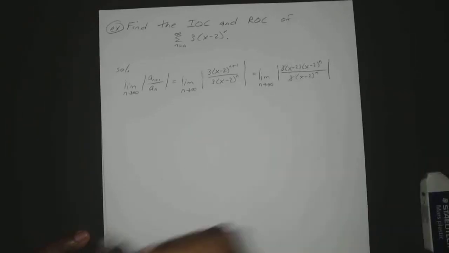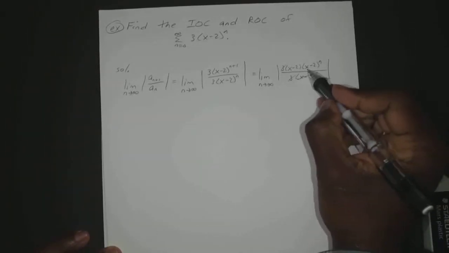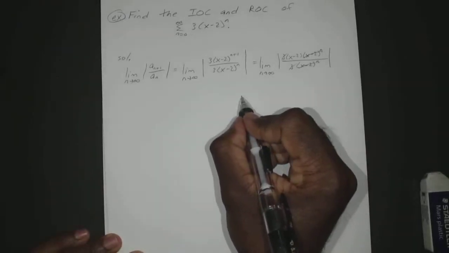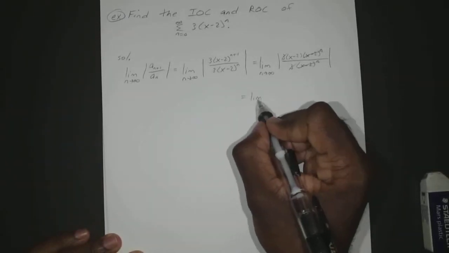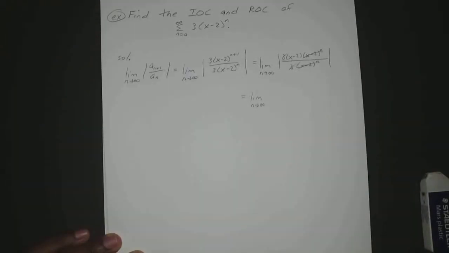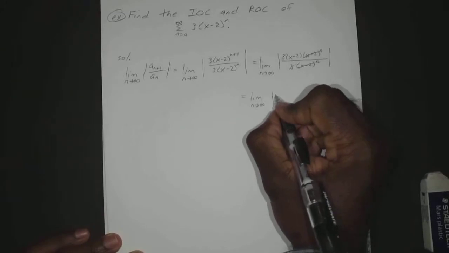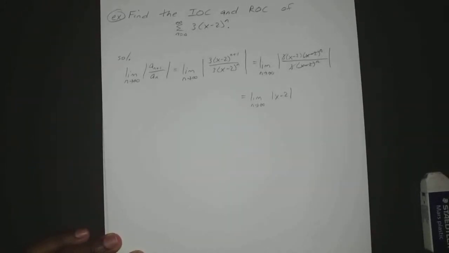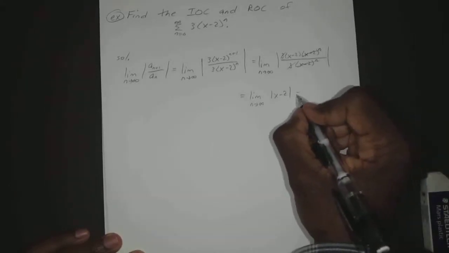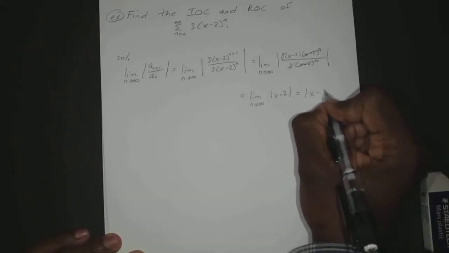So your 3's cancel out. Your (x minus 2) to the nth power cancels out. So that leaves you with the limit as n approaches infinity of the absolute value of x minus 2. Which, since there are no n values to increase, is just the absolute value of x minus 2.